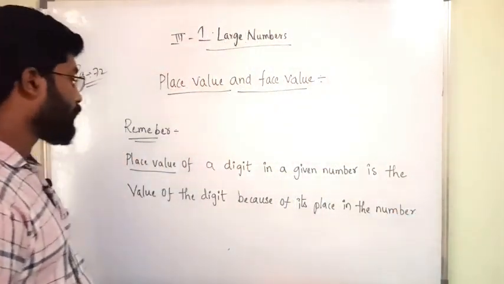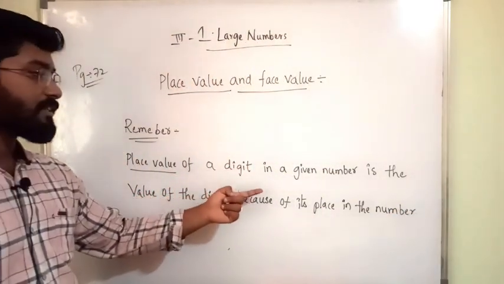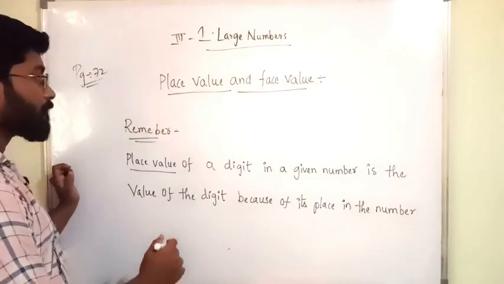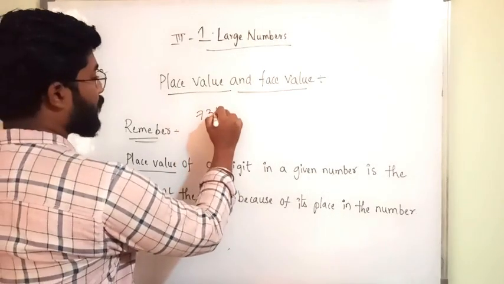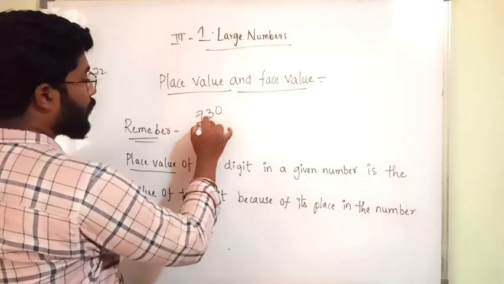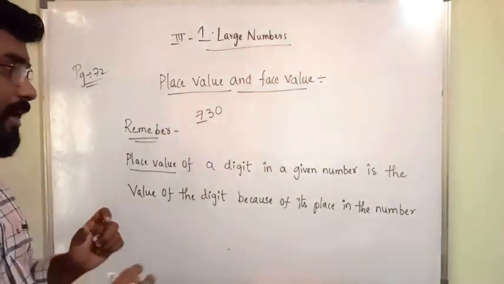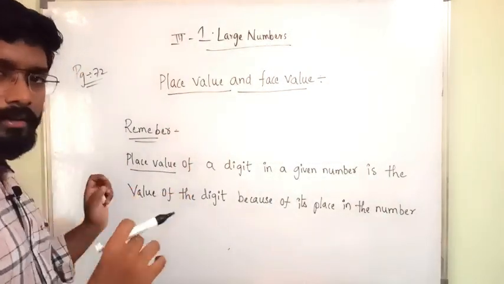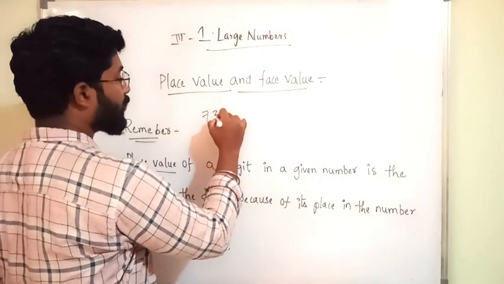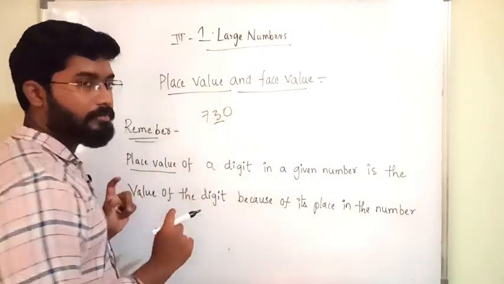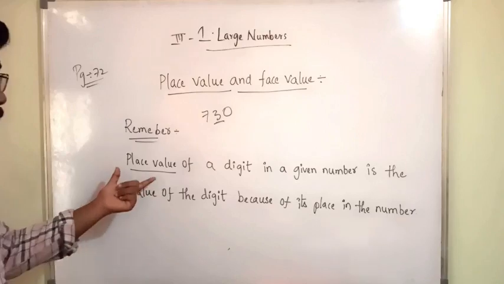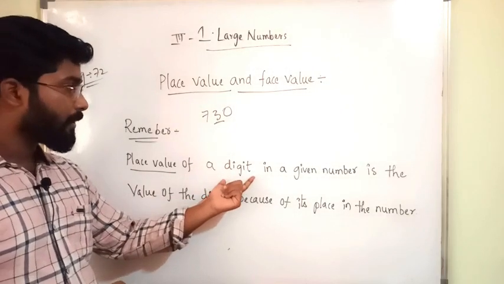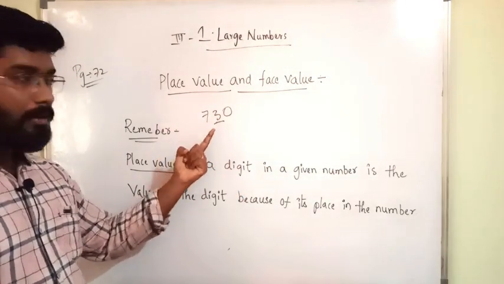Okay, so place value of a digit. Suppose any number is there, 730. If anyone is asking the place value of a given digit, in the 730 I want the place value of 3, suppose. Place value of a digit means place value of 3 in a given number.